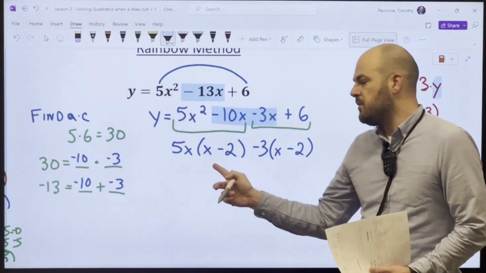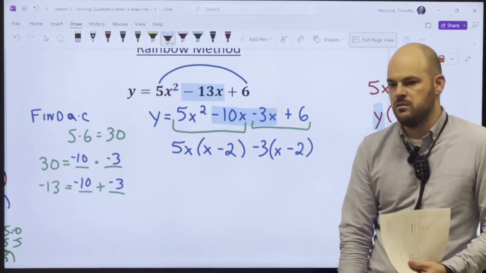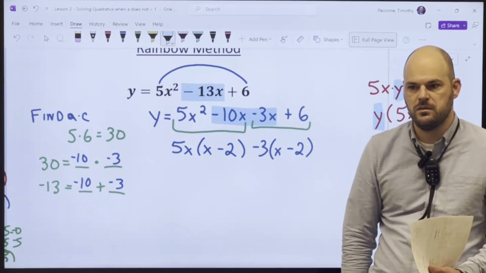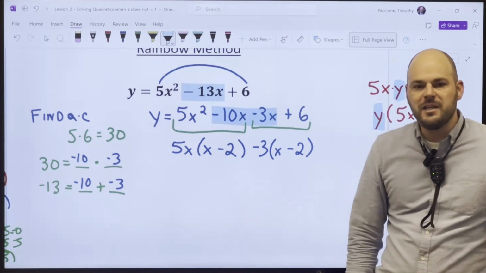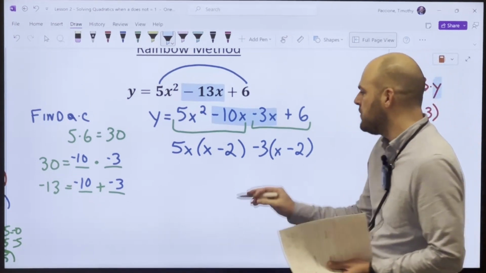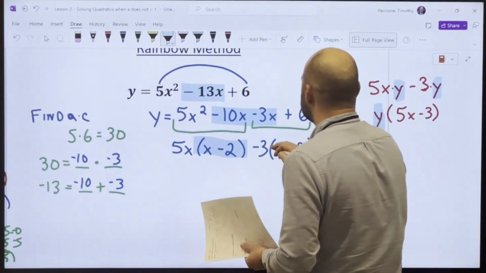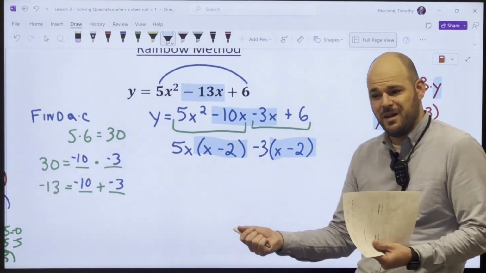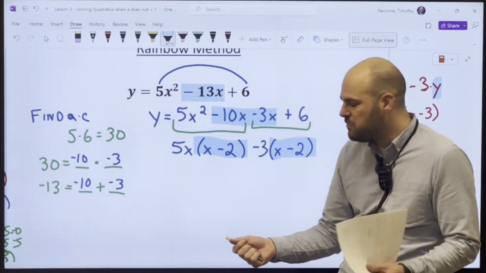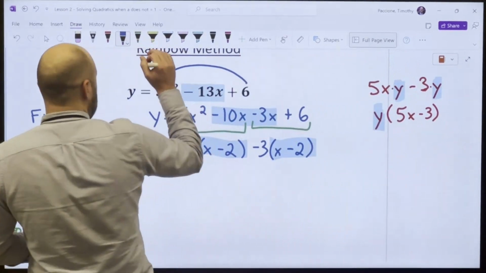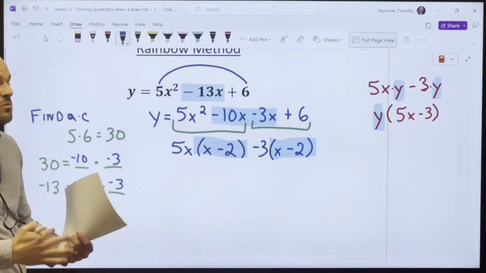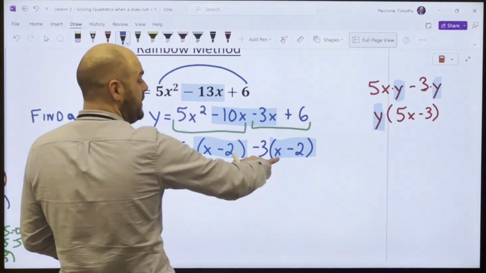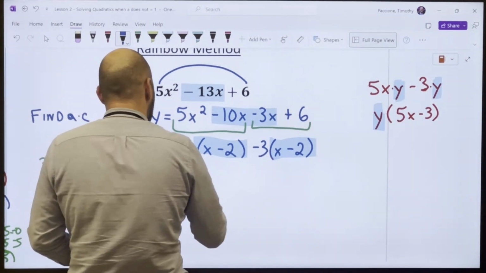What's my GCF in this whole situation? Let's see if you can get this one. X minus 2 is now my GCF. They're both being multiplied by x minus 2, so I can divide them both by x minus 2, right? And this is where it gets a little confusing, so you can either understand this part or just remember: you take the thing they had in common, the x minus 2, and you put that out front.